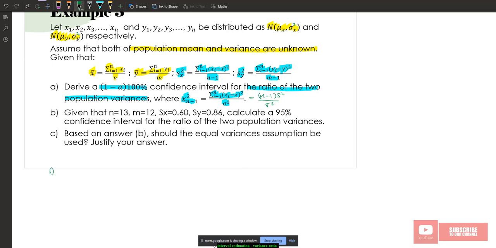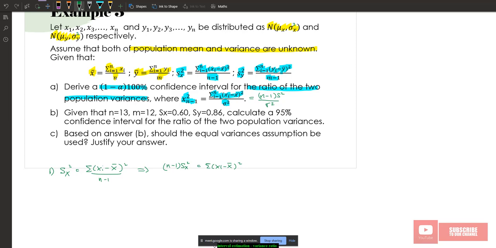So first we have sx squared equal to the summation of xi minus x bar squared over n minus 1, right? If you take n minus 1 to the left hand side, it becomes n minus 1 sx squared equal to the summation of xi minus x bar squared, right?